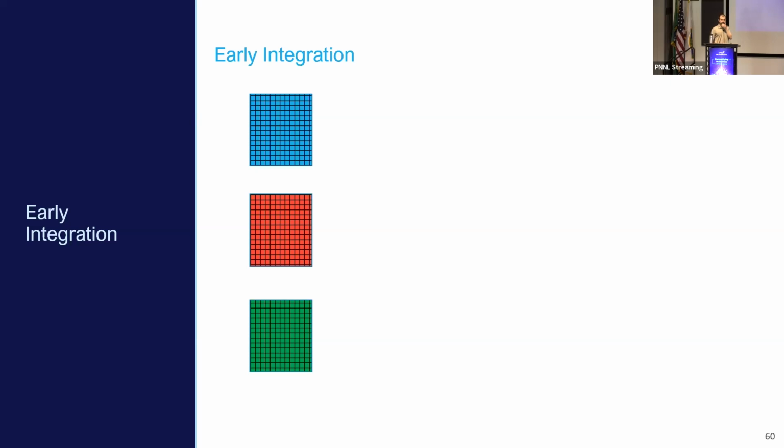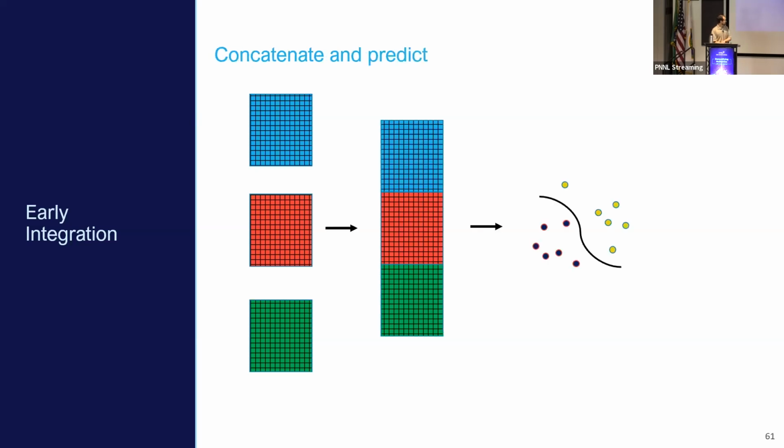So early integration is basically the most straightforward method of doing simultaneous analysis of your multi-omics data, which is to say that, hey, we have the same number of samples for each of these different views. We can concatenate them into some big data frame.